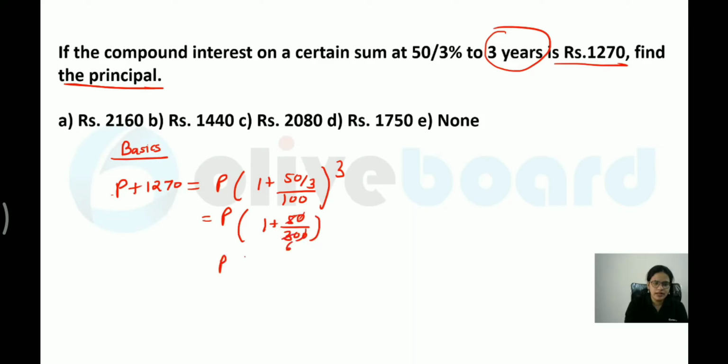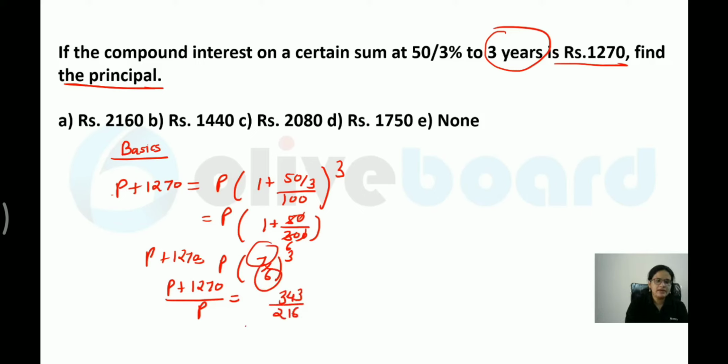So what you are getting over here? 7 by 6 whole cube. This is equal to P plus 1270. Now you can write down P upon 1, P plus 1270 upon P, and the 7 cube upon 6 cube value you can write down, that is 343 by 216, and get the value of P over here. Okay, now this is by the basic method. What if I have to go by the tree diagram over here?